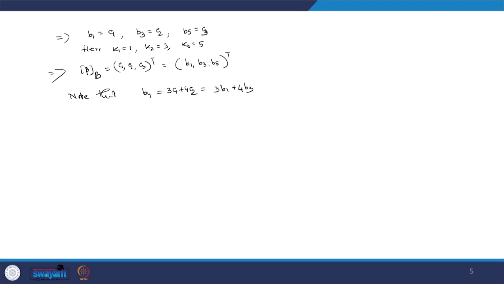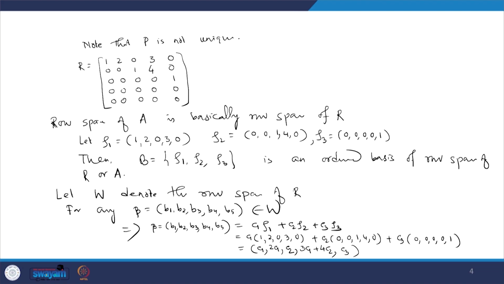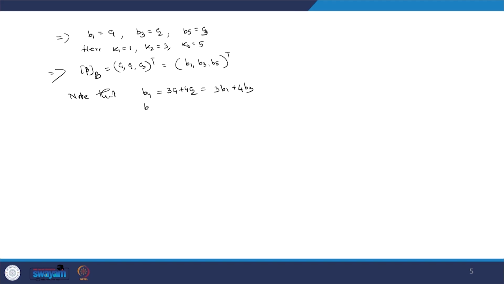So, this is one, and another one is B2 is equal to 2C1. This implies that B2 is equal to 2 times B1.